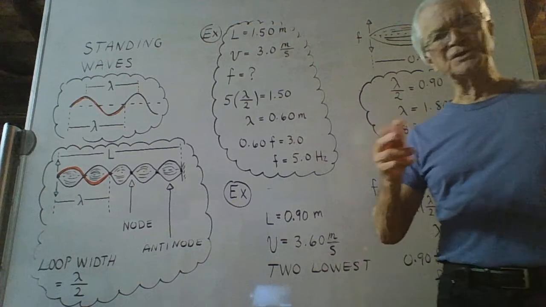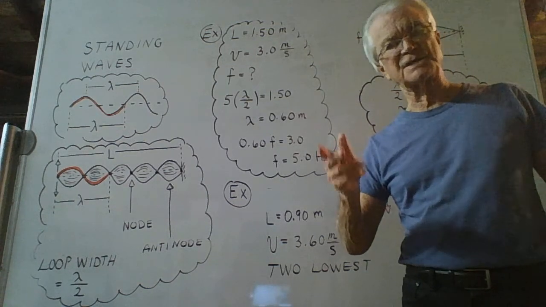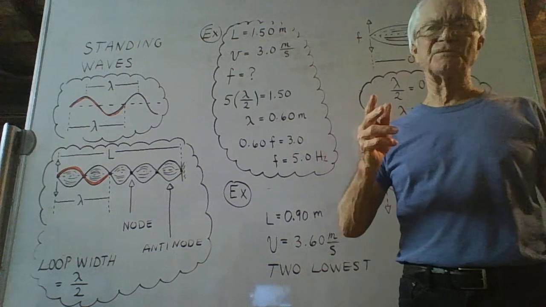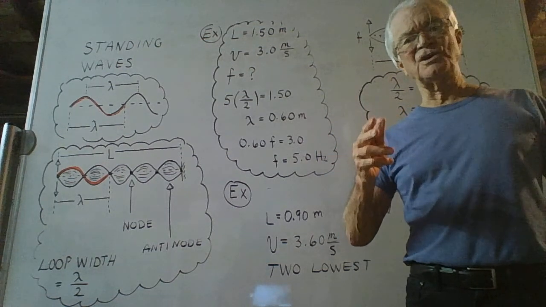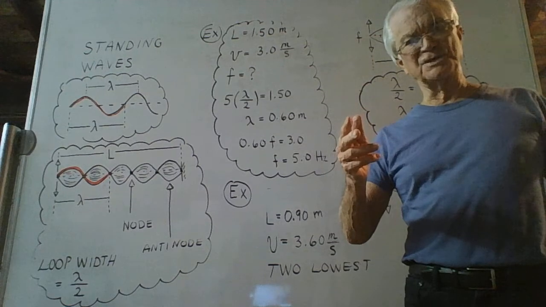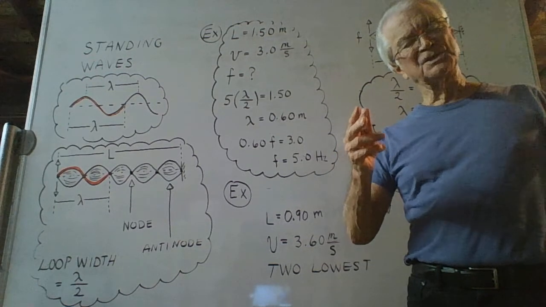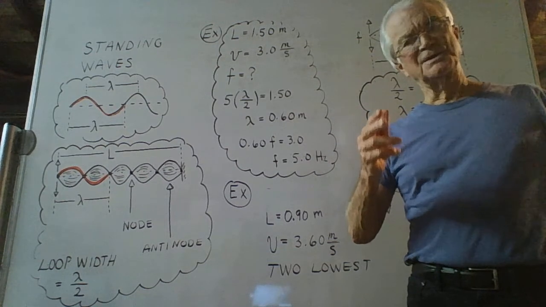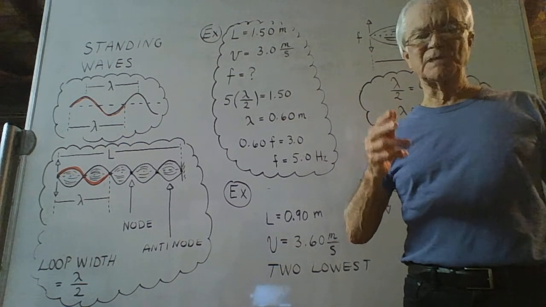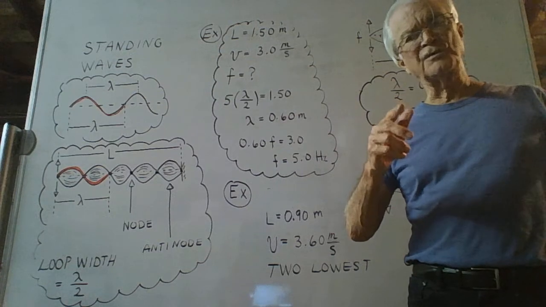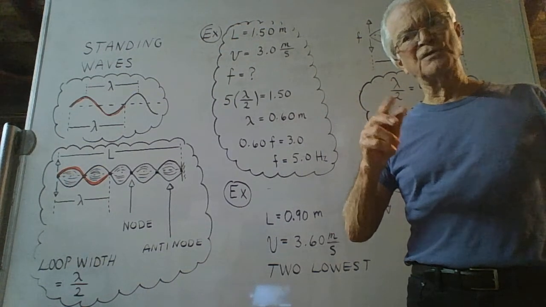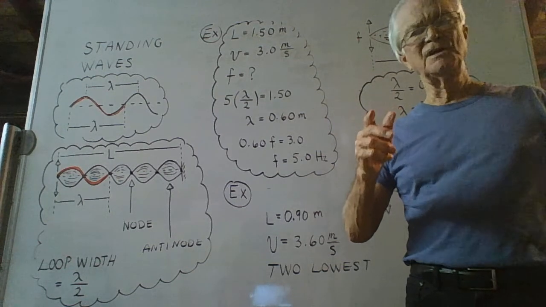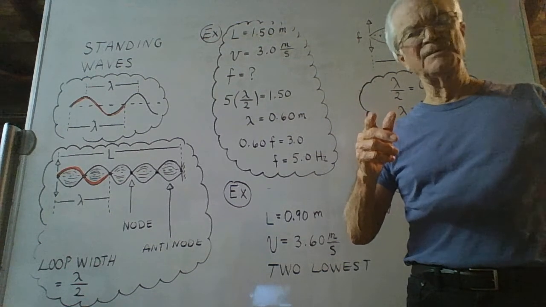There's the first, second, third, and fourth harmonic frequencies, where the first harmonic frequency is also called the fundamental frequency. What about the second harmonic frequency? It has a different name also. The second harmonic frequency is sometimes called the first overtone, the first frequency higher, or the next higher frequency from the fundamental or the first.